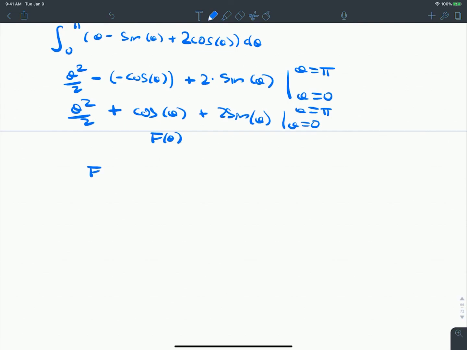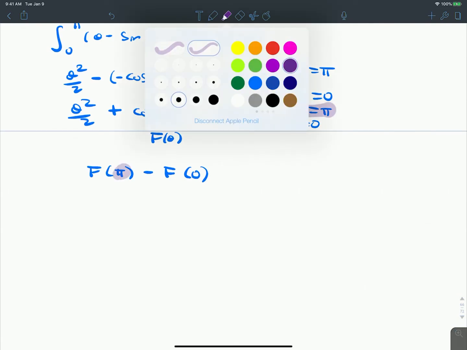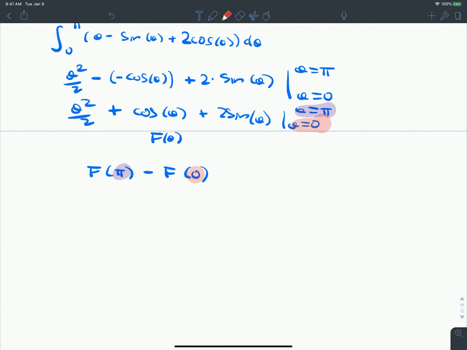So we get f of pi minus f of 0. Let's plug in these values.